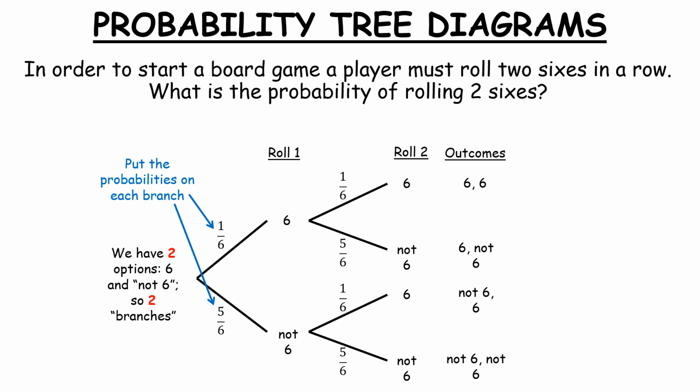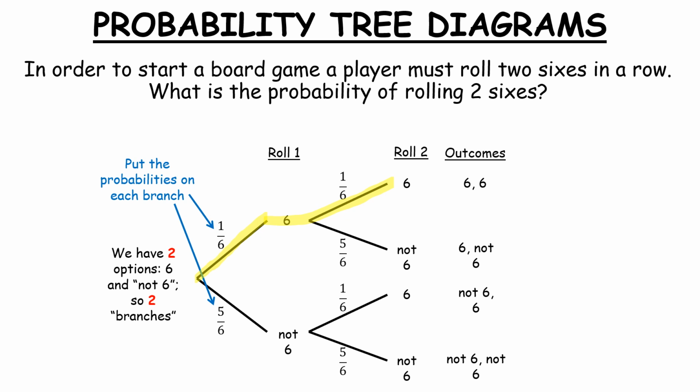But be careful, just because there's 4 outcomes doesn't mean each of them are equally likely. They're actually not. So we're going to work out the probability of each of these possible outcomes. What you're going to do is follow through our branches to get to your outcome. So we follow through for the first one. We roll a 6 and we roll a 6 again.